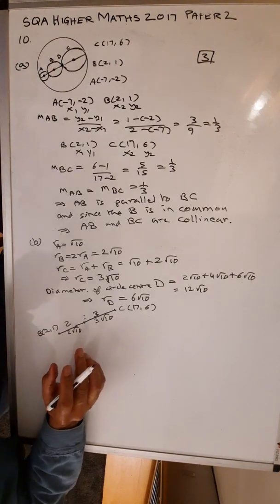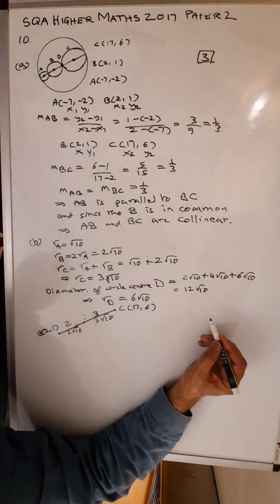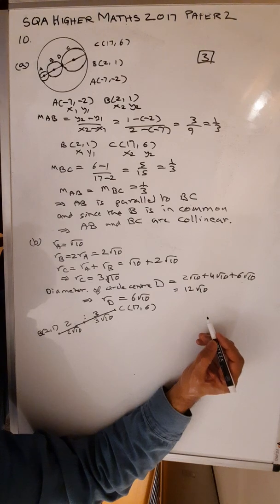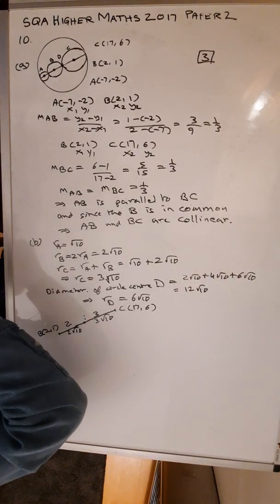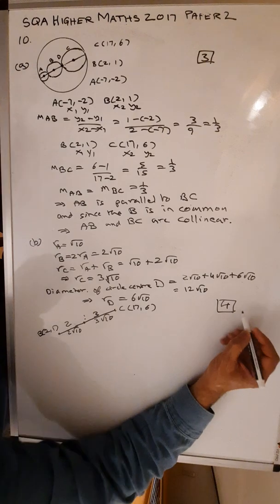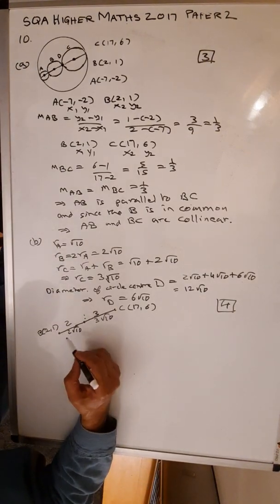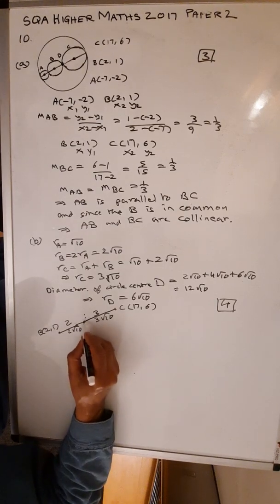So there are different ways of finding the actual center D. Okay, and this is for 4 marks. Center D. You could just look at it as this is D here.